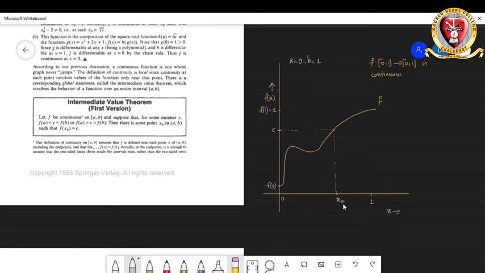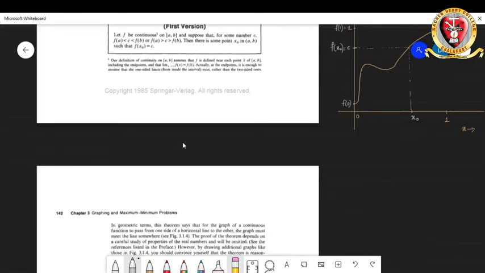This x naught is strictly in between 0 and 1, such that c is equal to f of x naught. So this is just the intermediate value theorem. If such a c exists, then there is an x naught such that f of x naught is equal to c. Hope you have understood what the theorem implies using this graph.